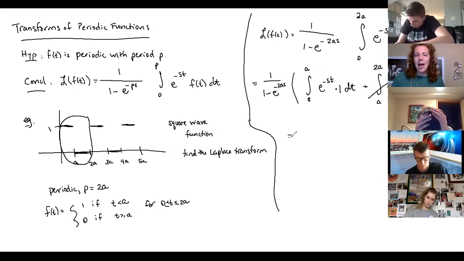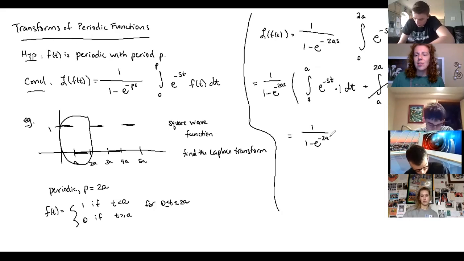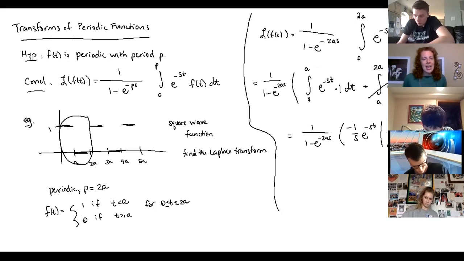So I still have 1 over 1 minus e to the negative 2 times a times s. And then we're going to get a negative 1 over s e to the negative st, evaluated from 0 to a. U substitution gives me a negative 1 over s out in front.